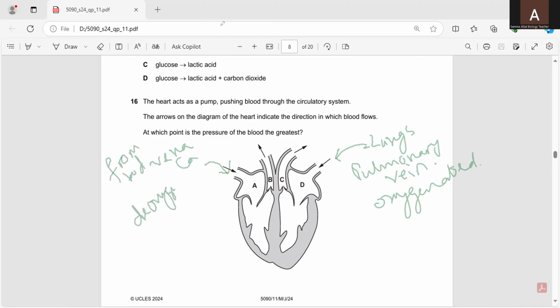This blood has to be sent towards the lungs, and this arrow shows that blood is going towards the body through the aorta.